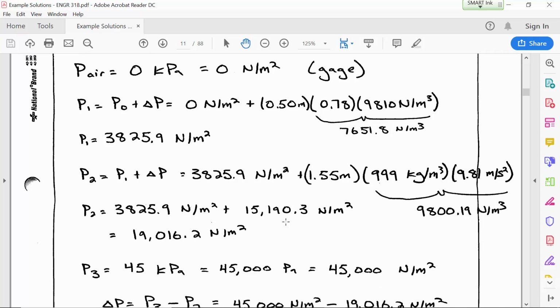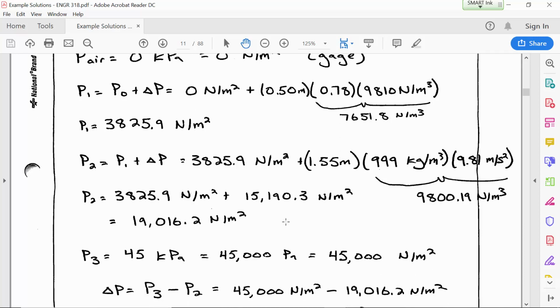Now the last part is we already know the pressure at 3, and we want to say what's the delta in pressure through the place where we're most interested here, because the gamma is unknown. The delta pressure that we're measuring is the pressure change through these two locations.